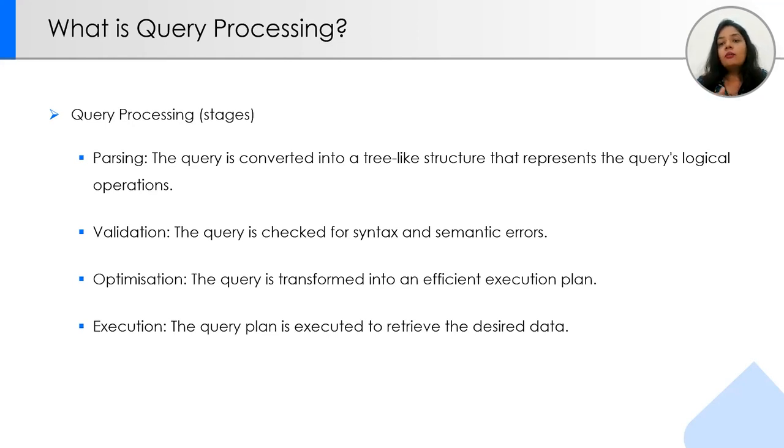Sum is an operation where you are adding two digits or different figures and then coming up with the result. So similarly, you are going to convert this query into a tree-like structure. The machine does it, but you give the syntax to it.